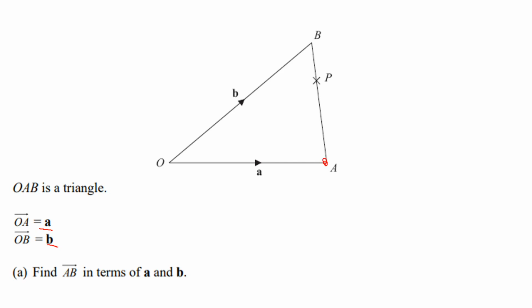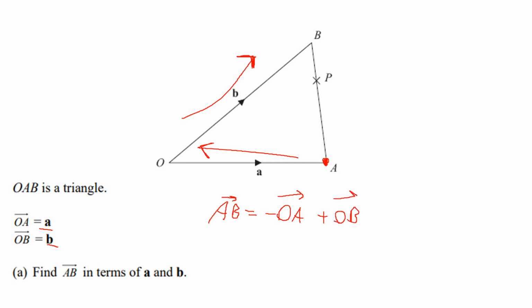We start at A and we have to go this way and we need to go this way. So we can say that AB is equal to minus OA, also known as AO if you want, plus OB.